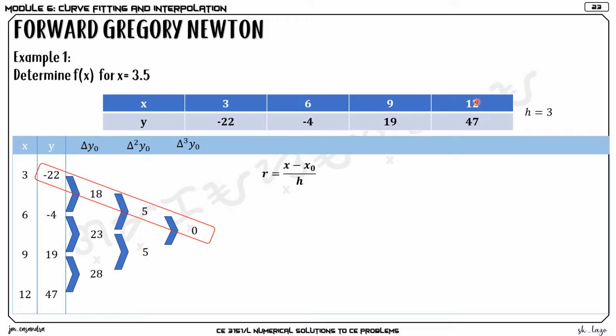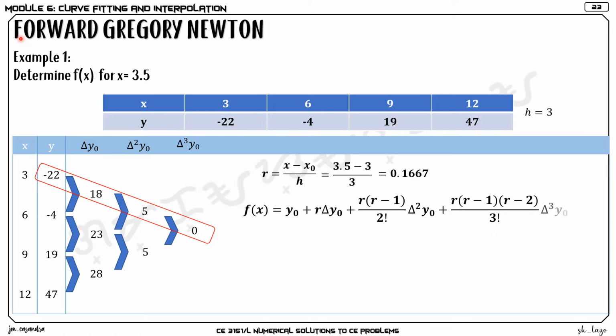And that's equal to x minus x sub o all over h. So x now is 3.5. X sub o is 3. H is 3, giving us a value of r equal to 0.1667.